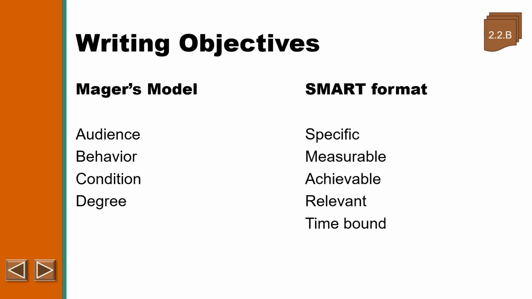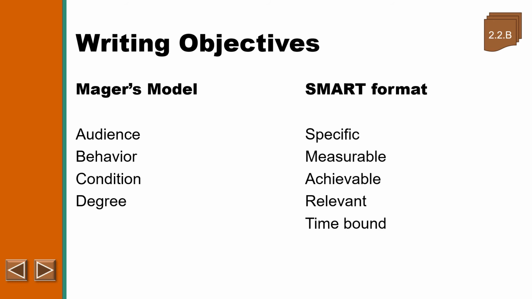There were 2 models that were given: Mager's model and the SMART format. I'll be honest, I wasn't actually positive how to say Mager, so I listened to some videos even from back in the 90s, and that's the way I heard people introduce him, so that's what I'm going with. Mager's model uses the ABCD approach, and that's almost like putting the puzzle pieces together.